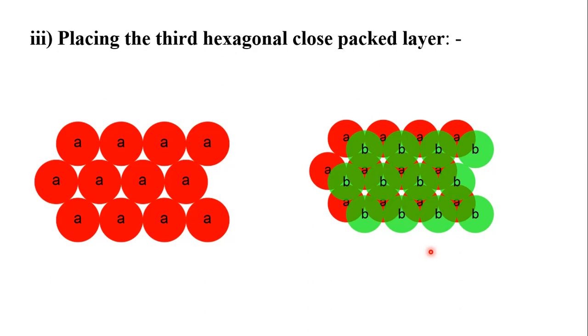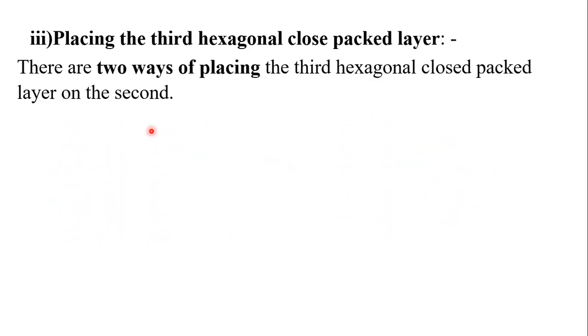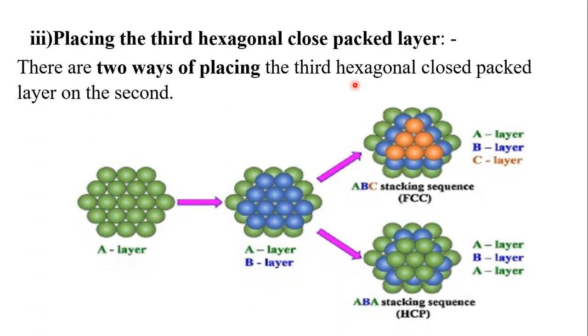Now, in this lecture we will study the placing of the third hexagonal close packed layer. There are two ways of placing this third layer on the second layer: either an AB-AB arrangement or an ABC-ABC arrangement.